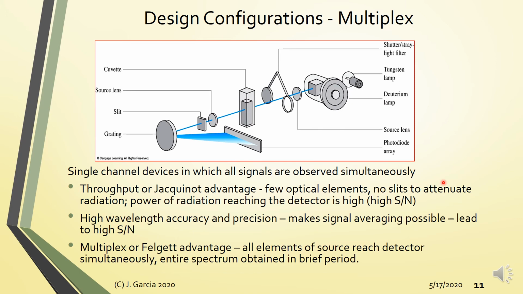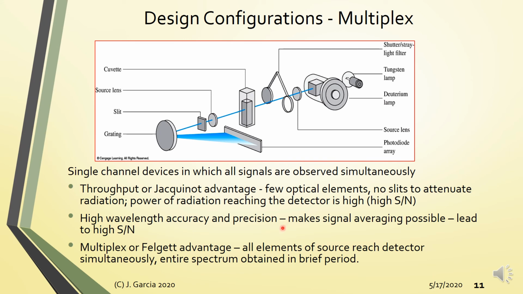Also, this design offers high wavelength accuracy and precision, which makes signal averaging possible, and thus leads to improved signal to noise ratio. Please review the different ways to improve signal to noise ratio, the hardware based and software based, although they seldom appear in the board exam.